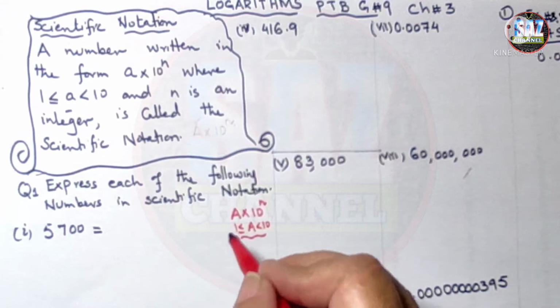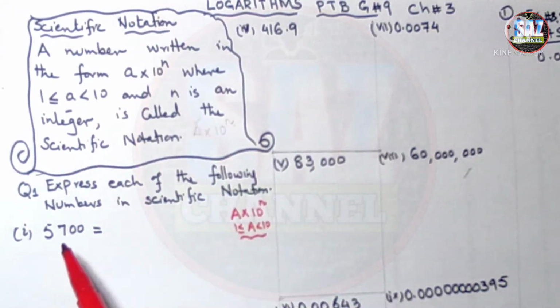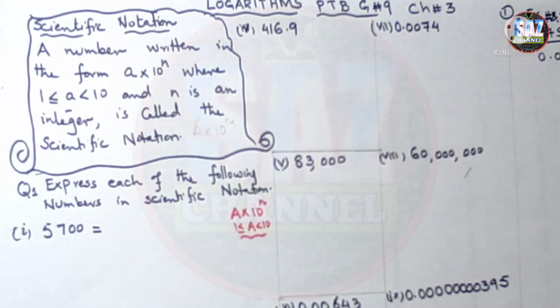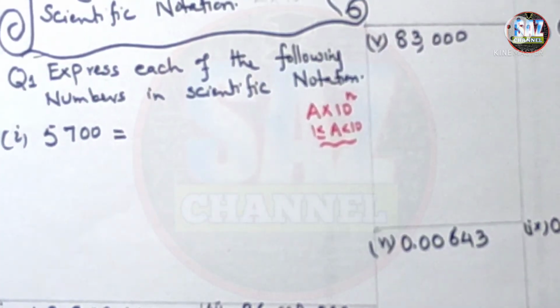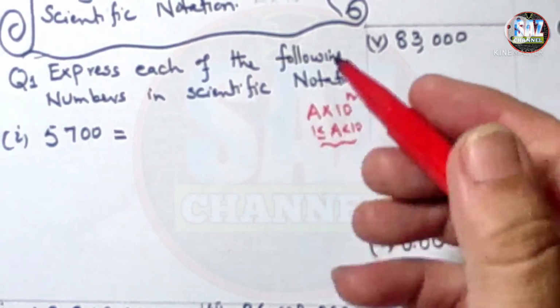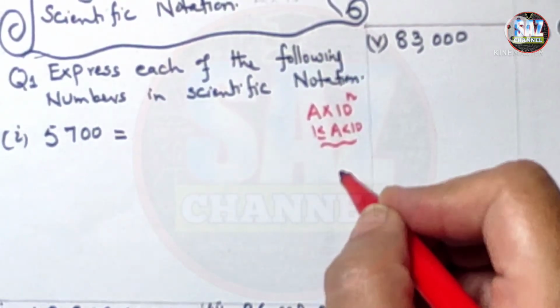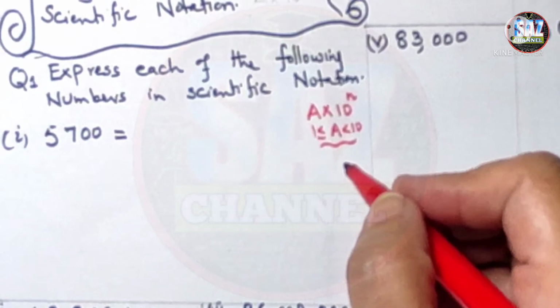But if we look at our question, that is 5,700, this 5,700 is a really large number. It is not in the range of a. So what to do to write this number in the range of a? That means between 1 and 10 only. There are two ways.